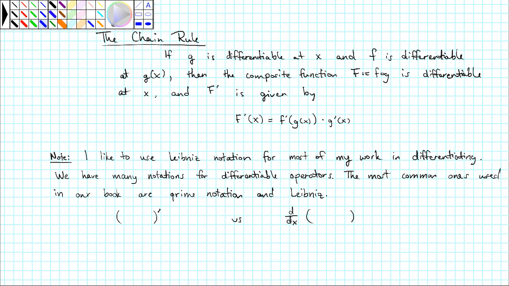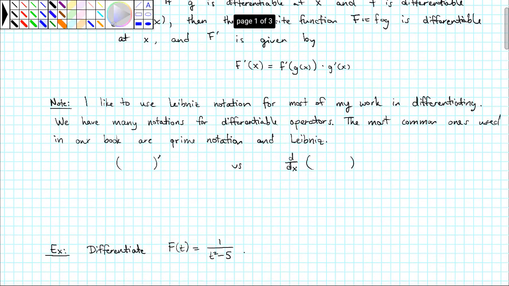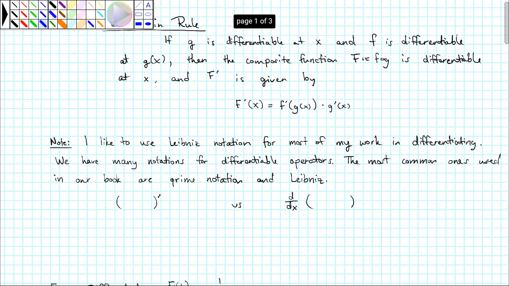I have a tendency to prefer the Leibniz notation for the chain rule. There are many ways of notating differentiation, and in our book, the most common ones are the prime notation and the Leibniz notation, which has this d/dx thing.